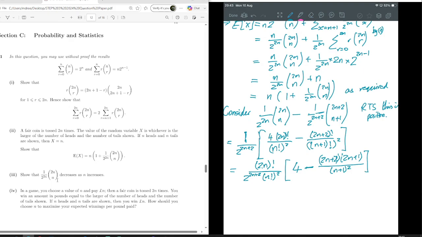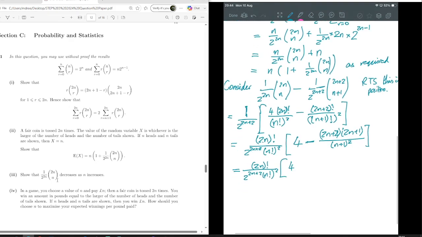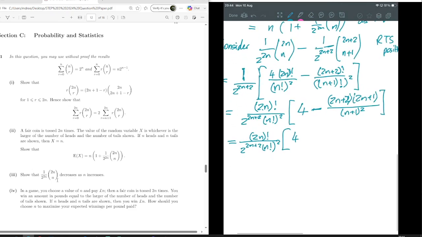Probably the easiest way to show that is with a kind of algebraic division, which unfortunately is going to require a couple more steps. Soon I'm going to stop writing that thing out in front and just give it another name. So this is going to be minus, now the denominator is n squared plus 2n plus 1.